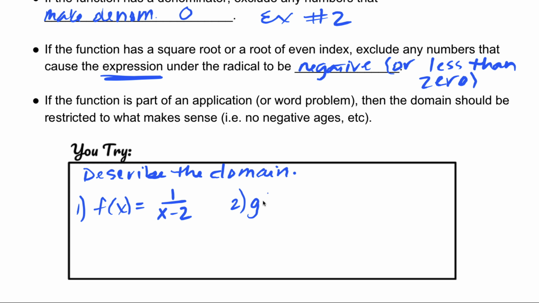Second function, g of x equal to the absolute value of x. And the third function to describe is h of x equal to x squared. So think about those functions. What are valid inputs, or what are valid x values, to evaluate the domain before moving on to the next lesson?